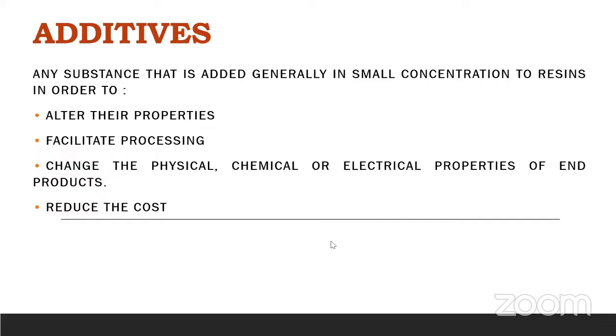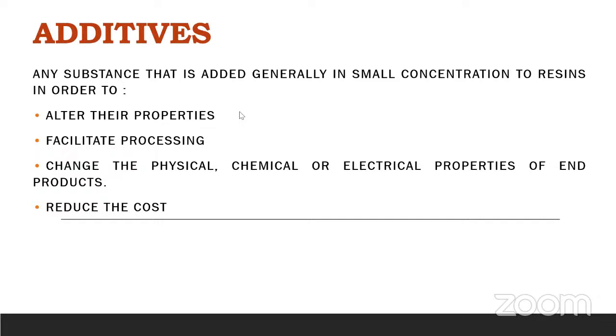If we talk about the purpose of additives, first it is to alter or change their properties. For example, to make plastic more flexible, stronger, or if it is required to serve in an outdoor environment, that plastic should be resistant to sunlight or different outdoor environmental factors.